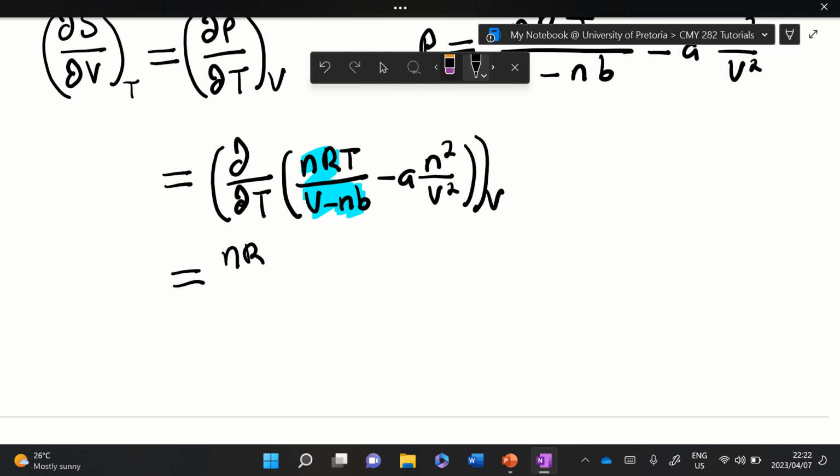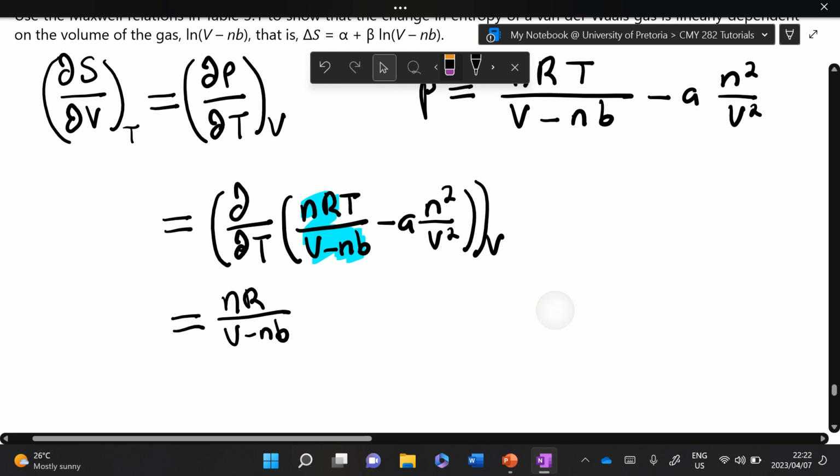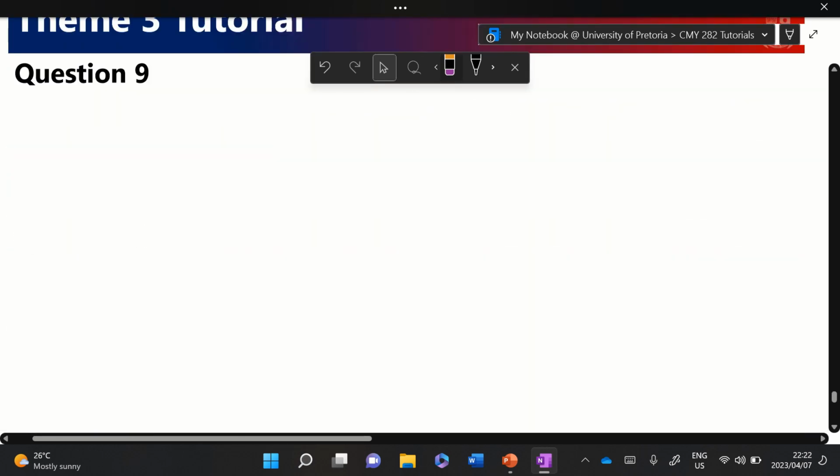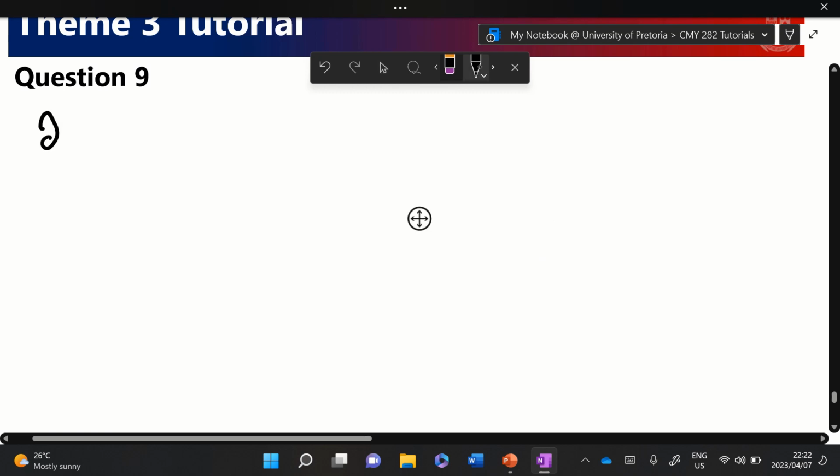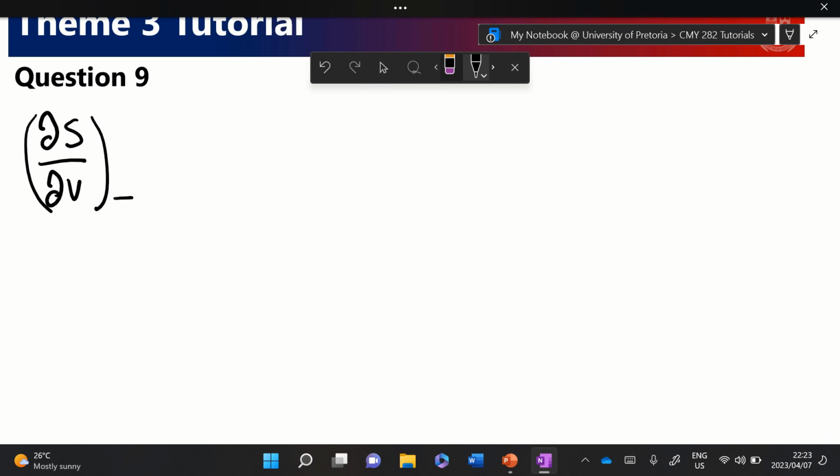So that's nR over V minus nb, and then dT is 1. The second term is a constant, so that's 0. So that gives us the derivative. Alright. So having that, let's write this down here. We then have that dS/dV at constant temperature is equal to nR over V minus nb.